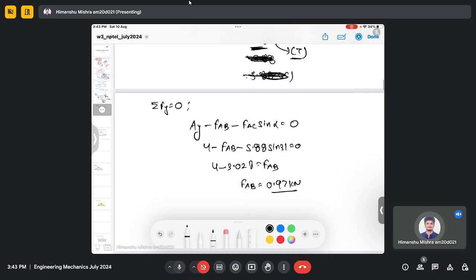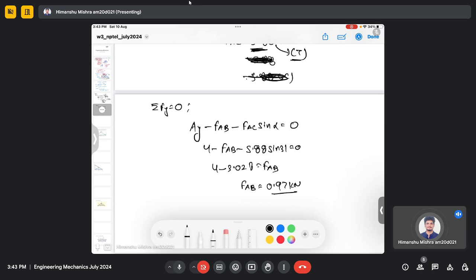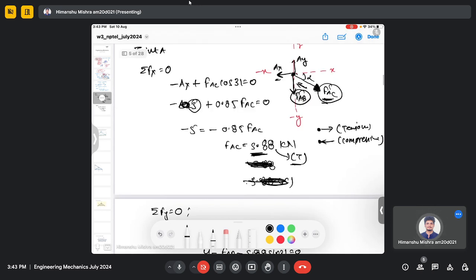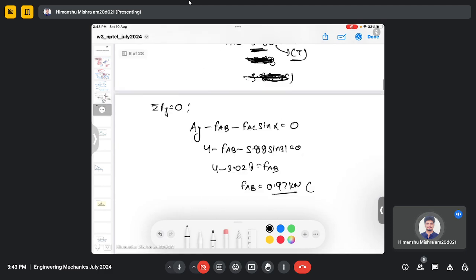So this is our force. Again, it is a positive force, which means the assumed direction here is correct, which means the direction of force AB is along the minus y axis, and you can see that it is going away from the joint, which means this force also is tensile.